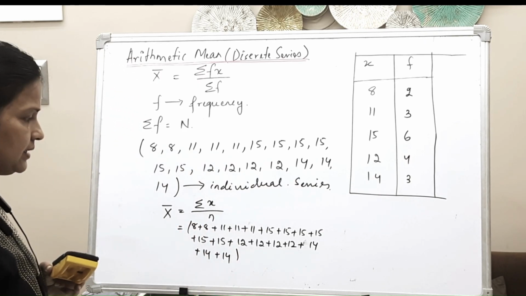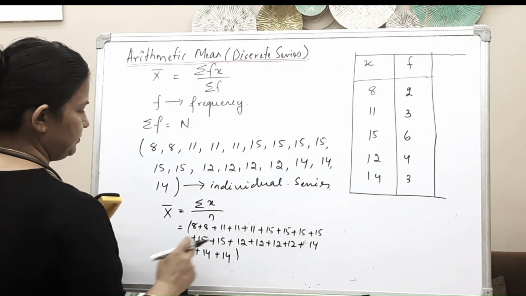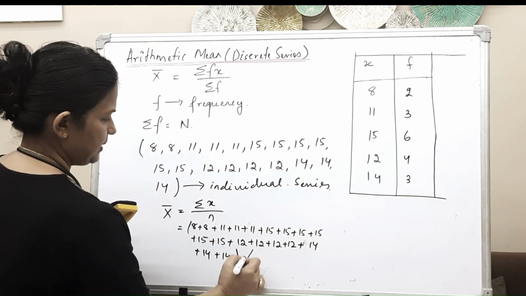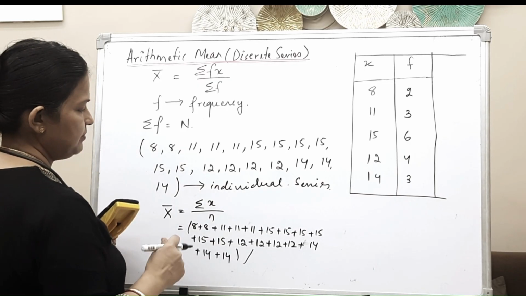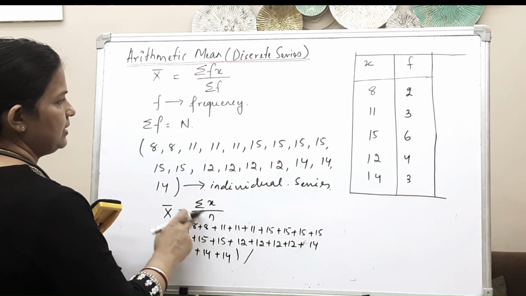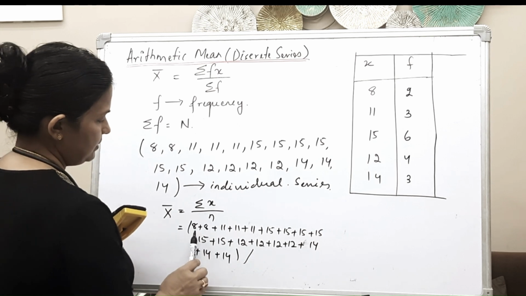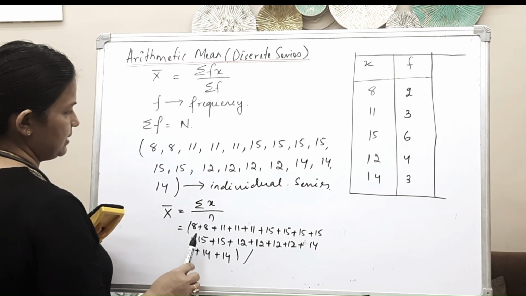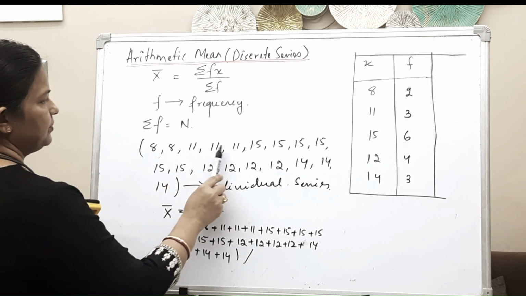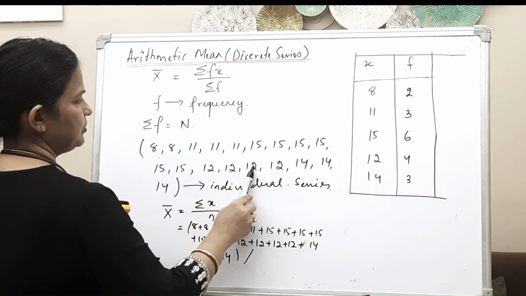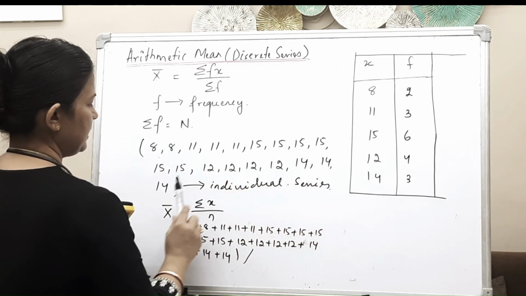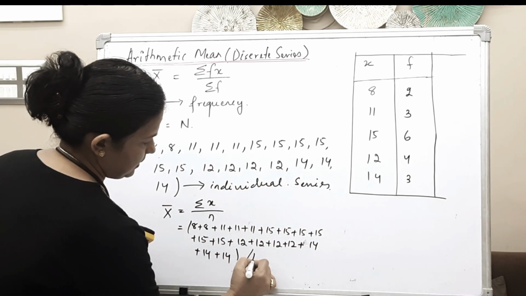Like this we can take the summation of sigma of x divided by n. What is n? N is our number of items. Let us see how many there are: 1, 2, 3, 4, 5, 6, 7, 8, 9, 10, 11, 12, 13, 14, 15, 16, 17, 18. So divided by 18.